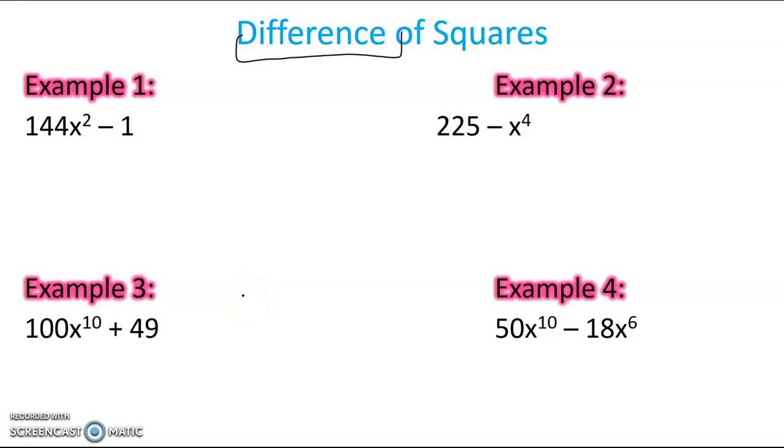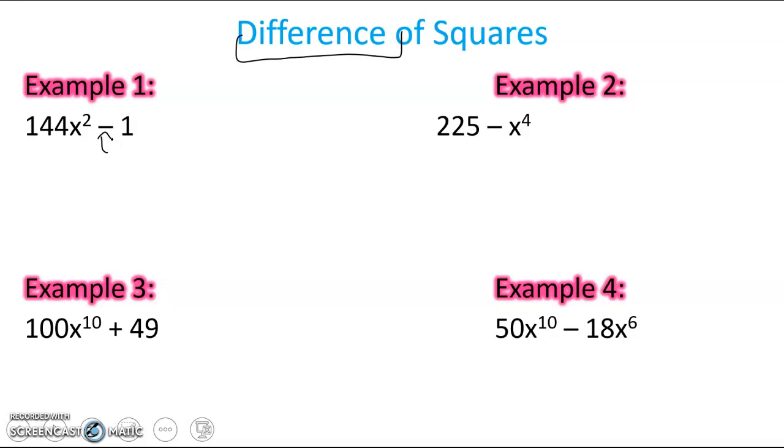Okay, so I have erased the questions, and now we go to example 1. First of all, let's look for a GCF. Well, 144 and 1, there's not really a number bigger than 1 that can divide both of those, so let's move on. There's no x's to take out. So first, do I have a subtraction sign? Yes, I do.